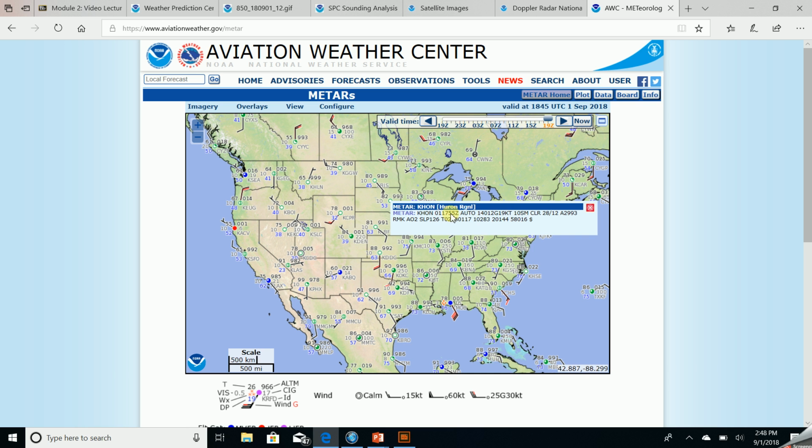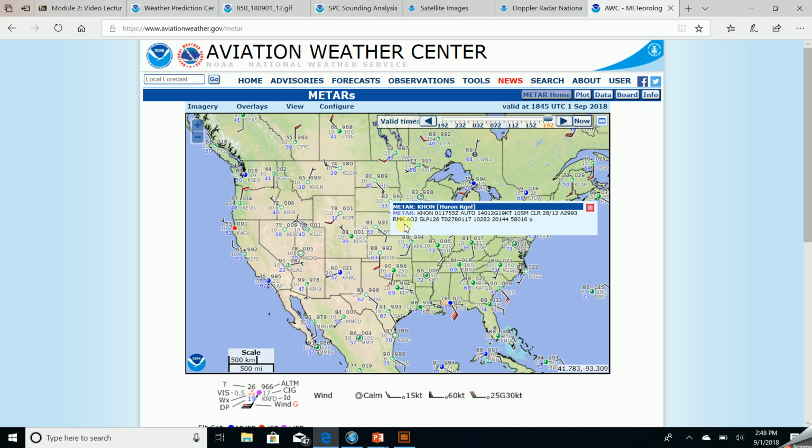This observation was taken at 1755 Z. So from anywhere between 1745 to 1755, the wind peaked out at 19 knots. Not a long time frame, but it's enough to give you a value for gust.